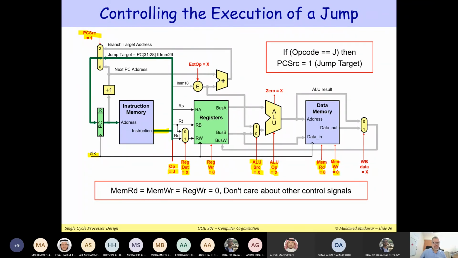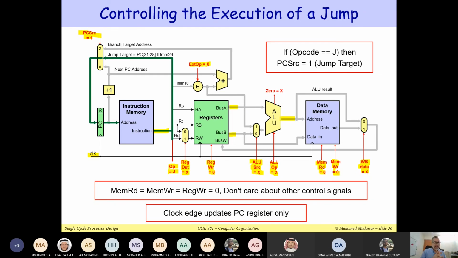ALU operation, it does not really matter. You can do anything that you want. Of course, we'll have some value on bus A and bus B, but we're going to ignore them. We can do anything inside the ALU. The ALU result is going to be ignored. Notice that write back data, we don't really care about it. The extender op, we don't really care about it. Now, the clock edge means that we update the PC register only. So this is the only register to update in the case of a jump.